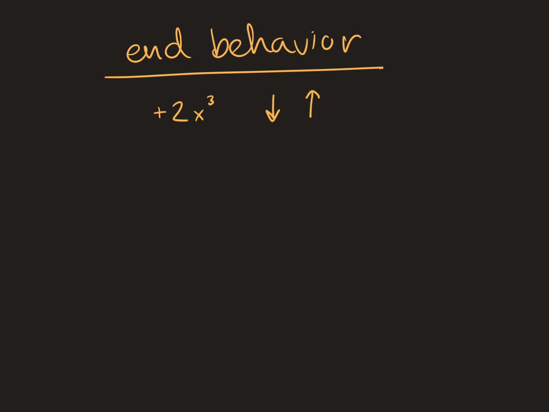So let's say I had a negative 2x to the 3rd power. What's my right arrow going to do? Right arrow goes down because it's negative, so the right one ends going down. So positive or negative always tells us about the right one.